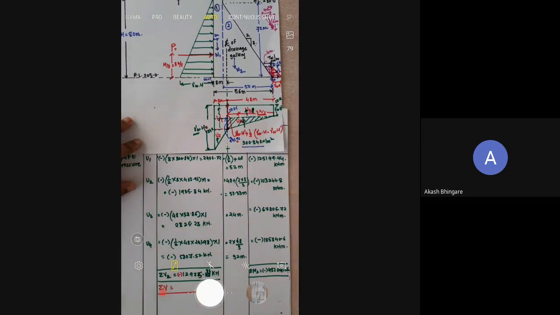So this value was 56024.22 minus 12975.36. Now we want summation V. It will be summation V1 plus summation V2.